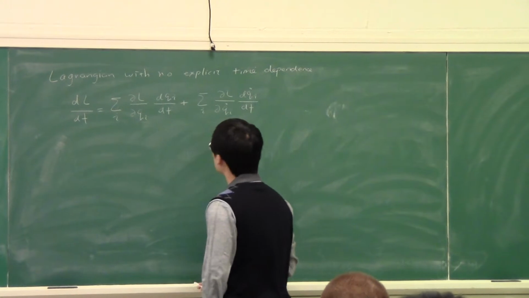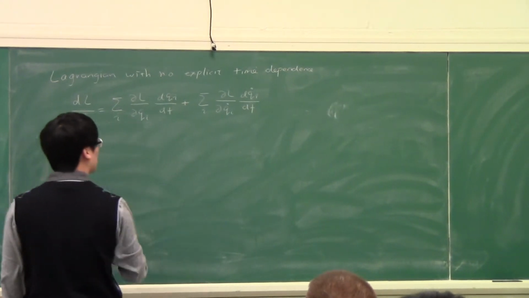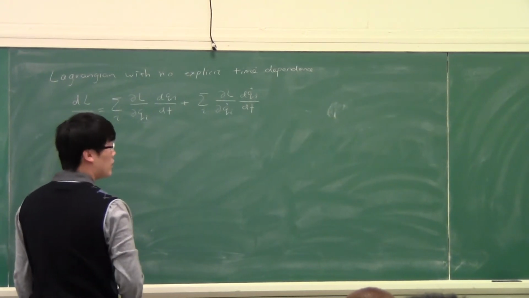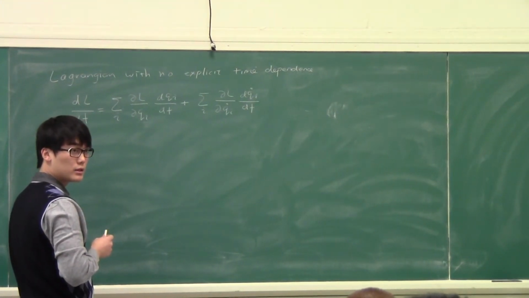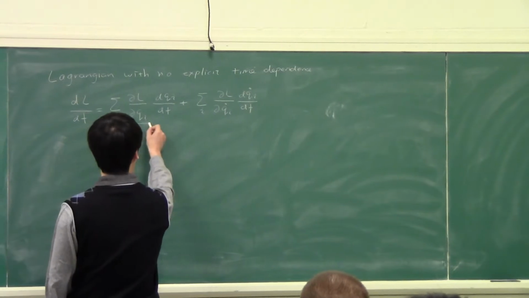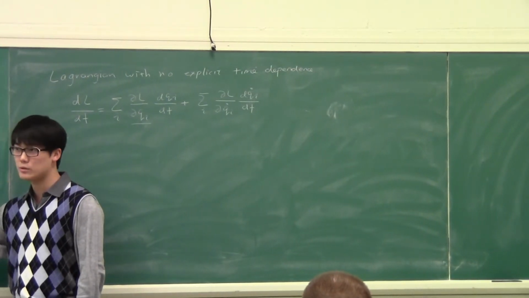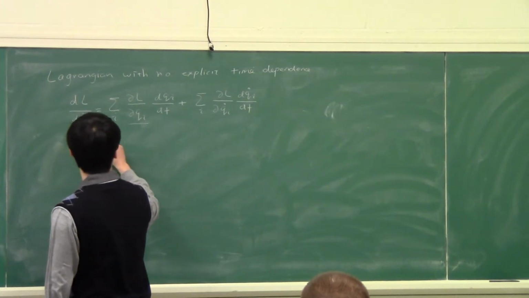Okay. So now, this is true for any Lagrangian that has no explicit time dependence. But now let's use the Euler-Lagrange equation and replace this part, because the Euler-Lagrange equation says that this is equal to the time derivative of this.